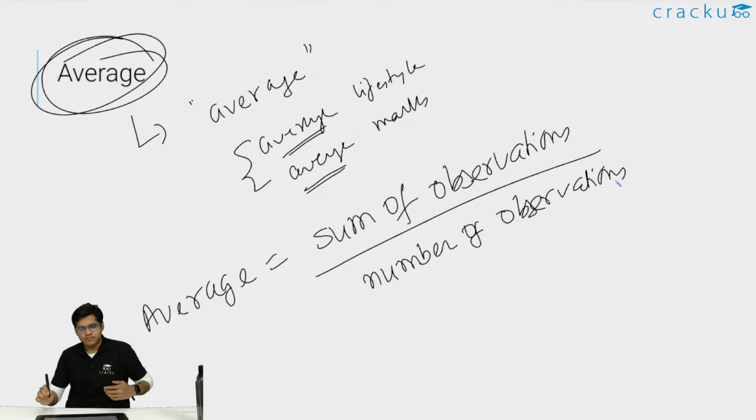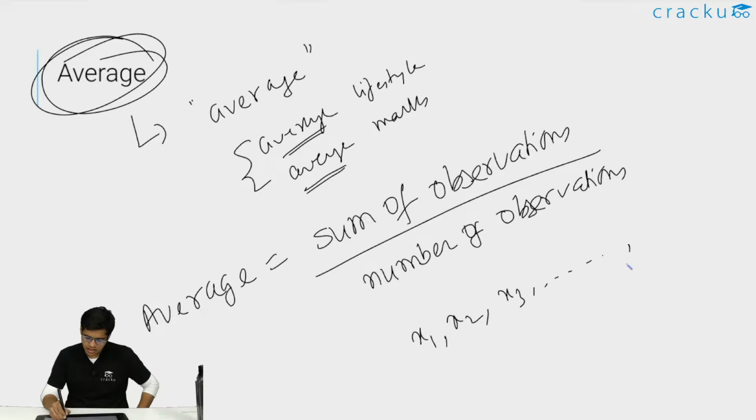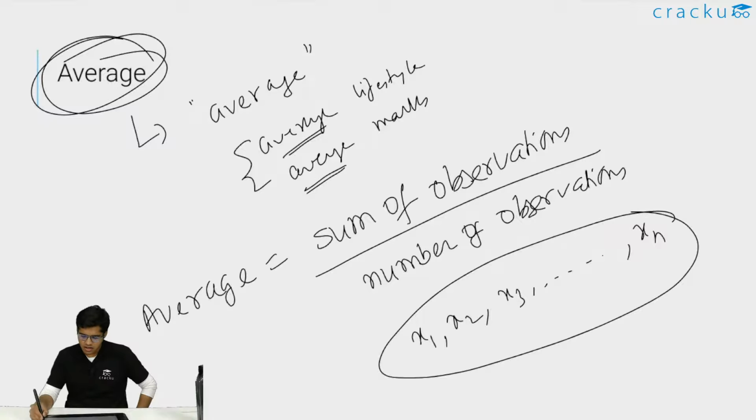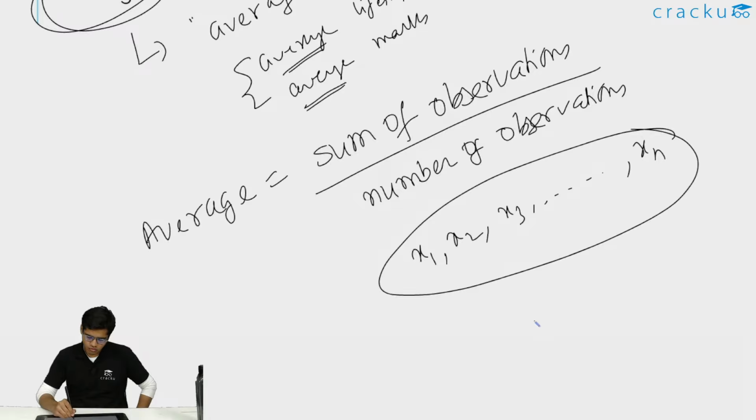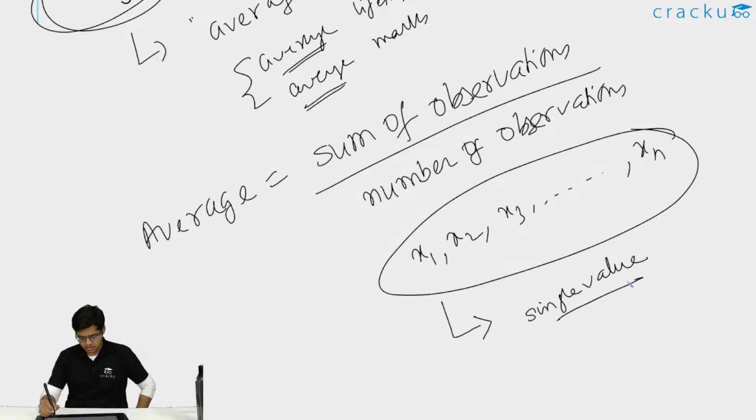So basically, we will be given n observations, x1, x2, x3, like this. N observations are given. Average means one single value which will represent this data set.